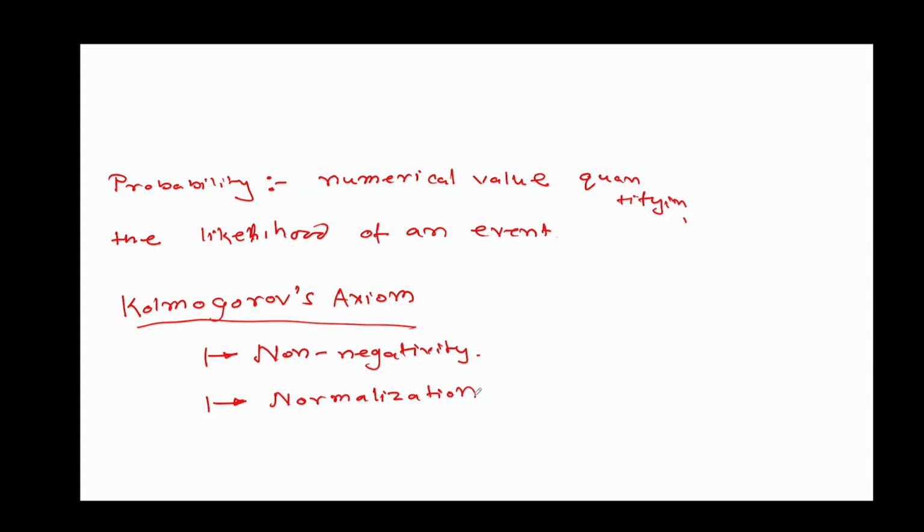What is the third one? Always disjoint. So, that is known as the additivity, additive nature, right.